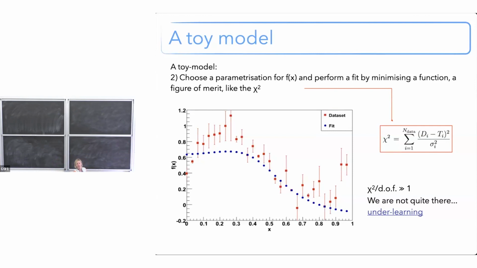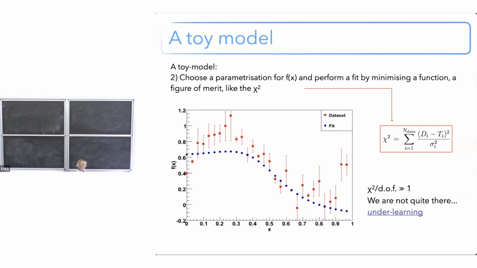So it's the log likelihood to the data, okay? D_i is the data calculated at these different points in x. T_i is the theoretical prediction that you get with a given functional form, and sigma is the uncertainty of these data points, okay? Because they're uncorrelated, you don't have any correlation matrix, it's simple.